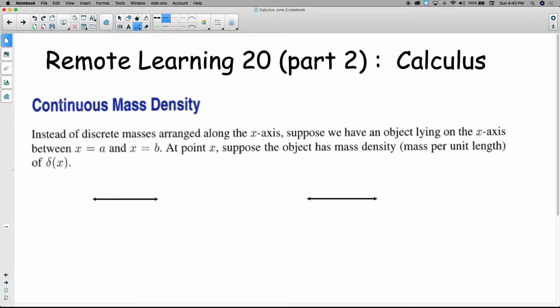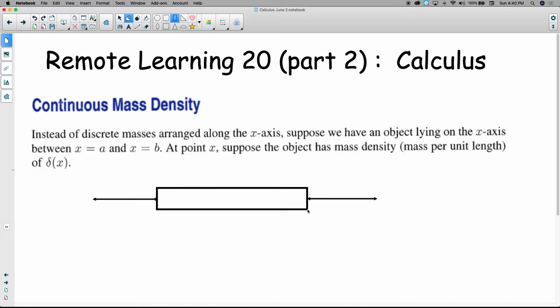Okay, and then in order to enable some drawings that are going to happen later, I'm going to increase the thickness of this x-axis, but we need to sort of think about it as being not thick, because we're going to stick with this one-dimensional idea here for now. Okay, so this is my weird x-axis, and we're going to be interested in it anyway, from some A point to some B point.